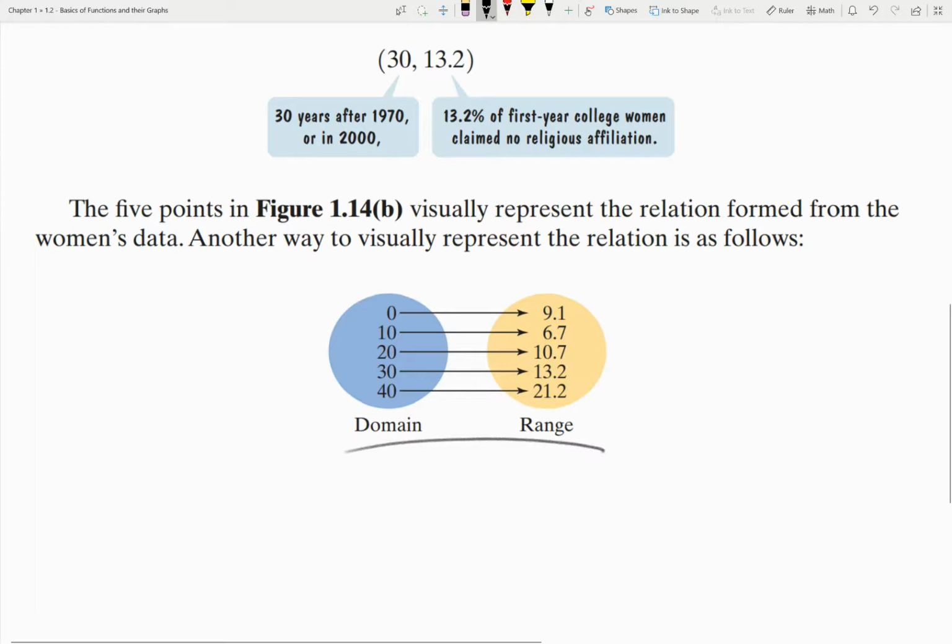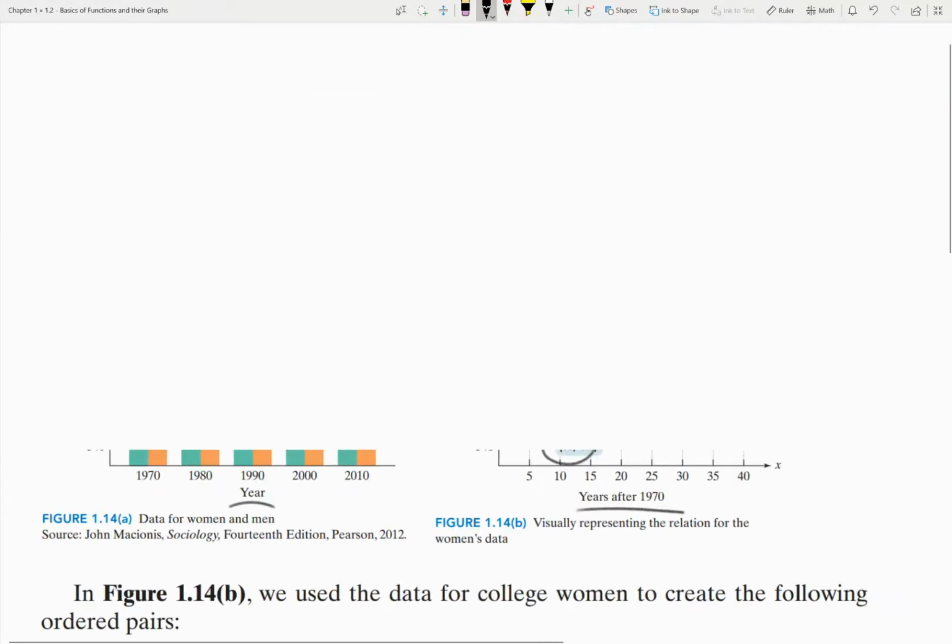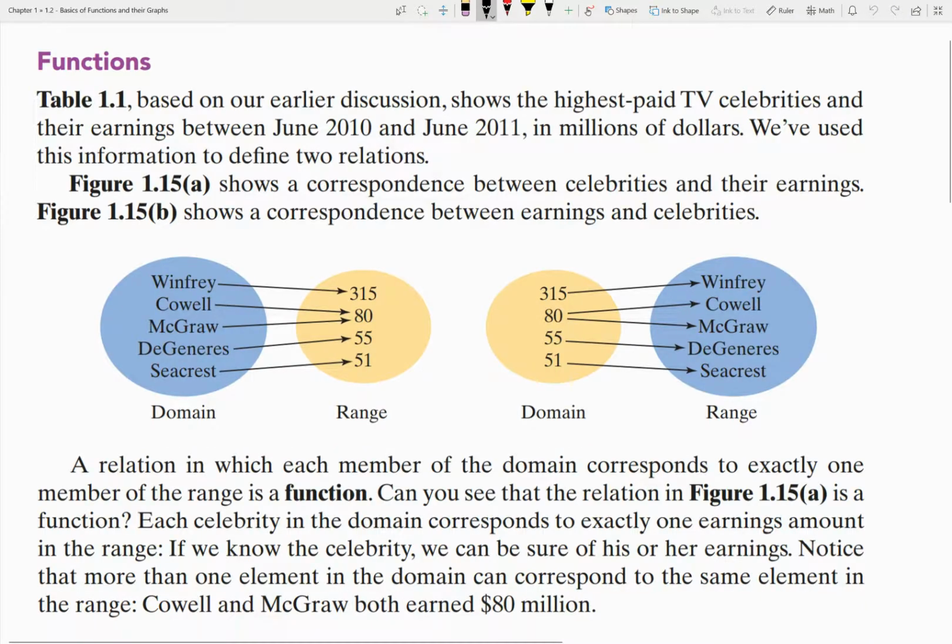A mapping diagram is just a way to say which numbers in the domain go with which numbers in the range. So let's use these mapping diagrams and talk a little bit about something called a function. Let's go back to the celebrities and how much they get paid.